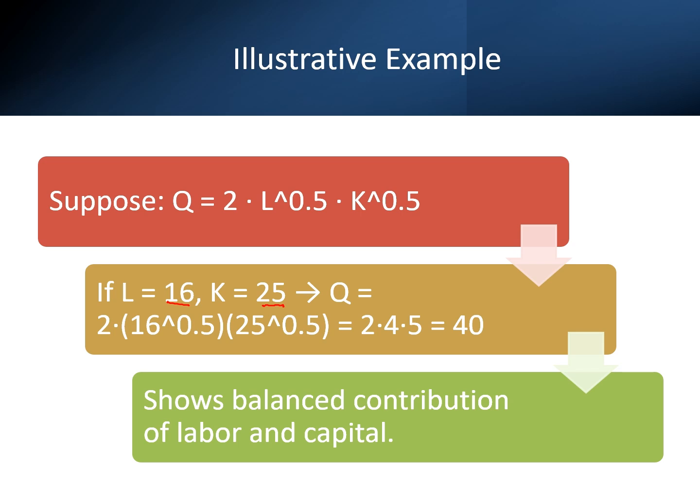So the quantity is going to be 2 times 16 raised to the 0.5 times 25 raised to 0.5, and we have ultimately a quantity which is going to be 40. And this just shows the balanced contribution of labor and capital. It's okay if you don't understand it, because we'll go over some examples that we can work out.